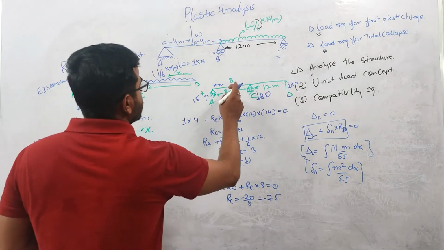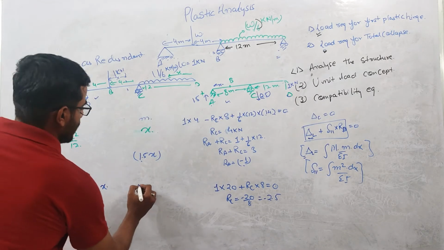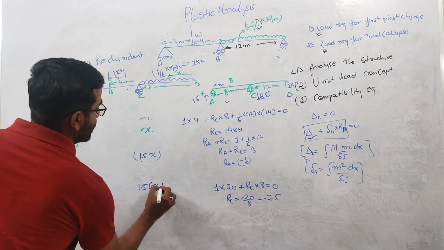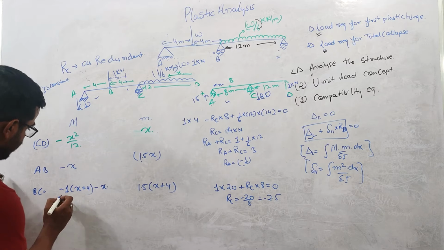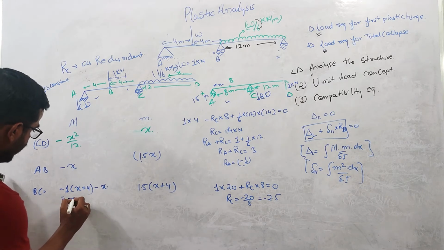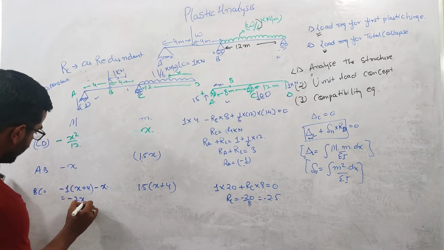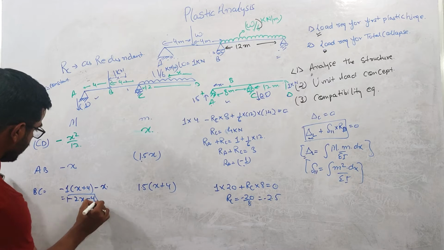Again, for this portion, it will be 1.5 into x plus 4. Okay. So this will be minus 2x minus 4. Okay.